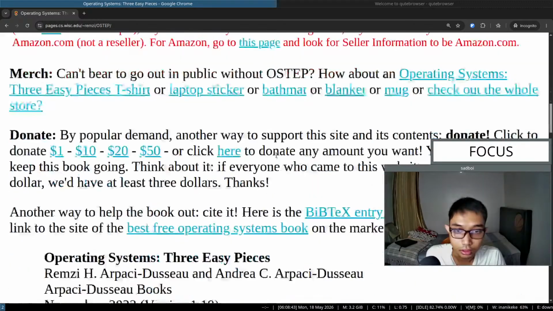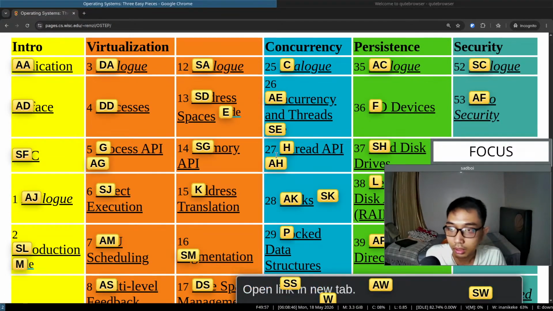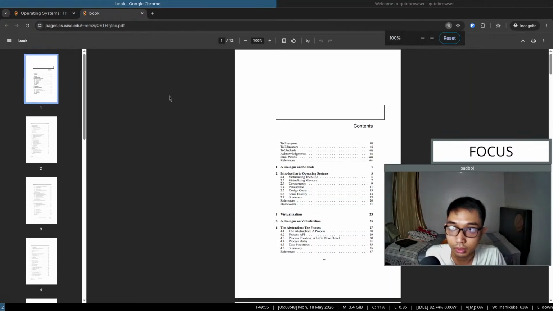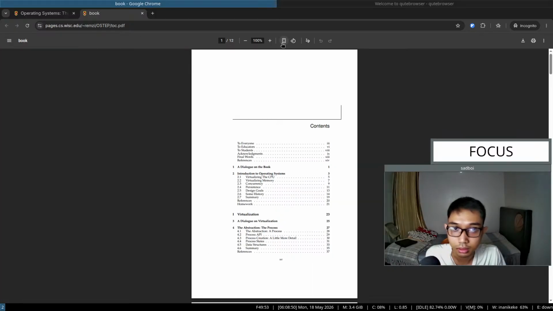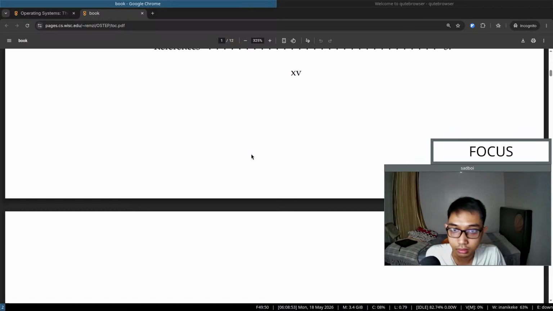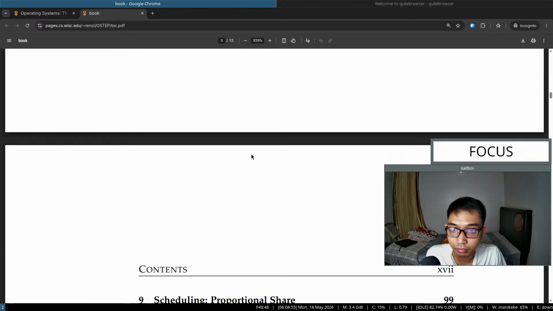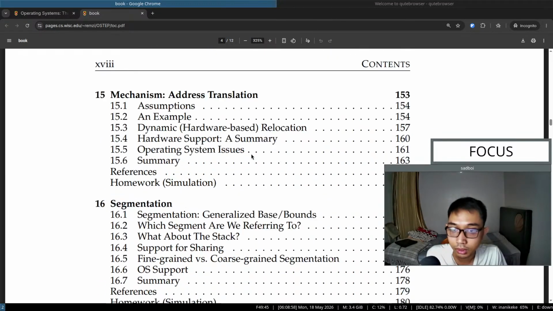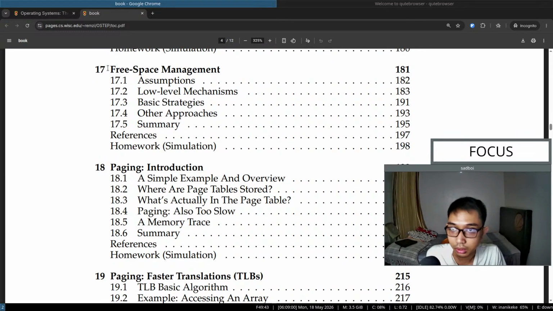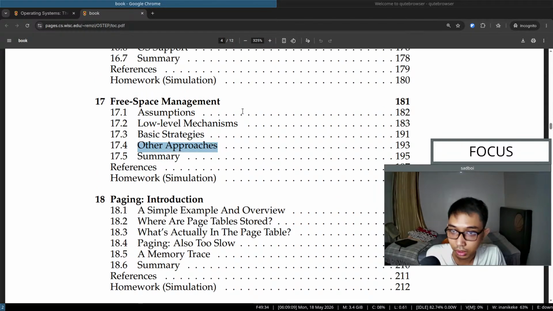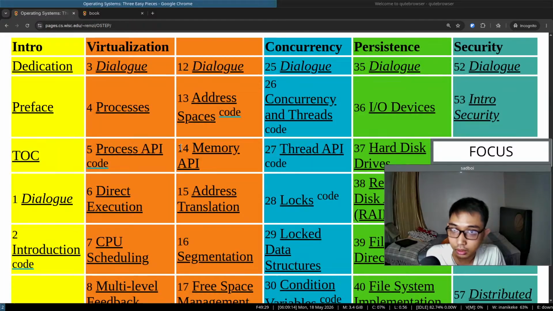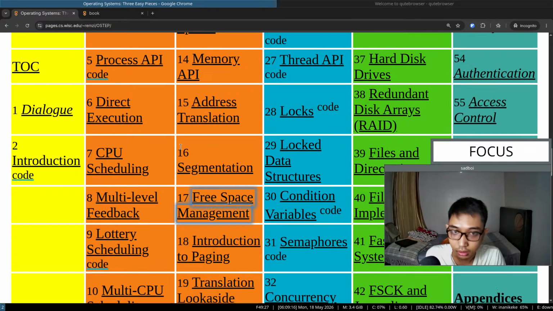Let's continue. Let me open the table of contents first. We are in chapter 17, and if I remember correctly, we are in the section on other approaches. Let me open that.